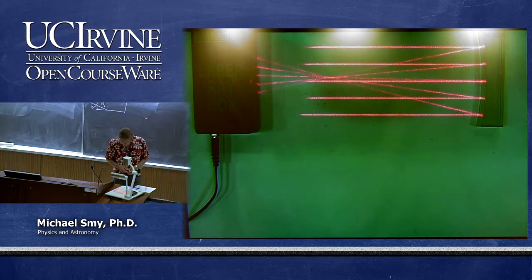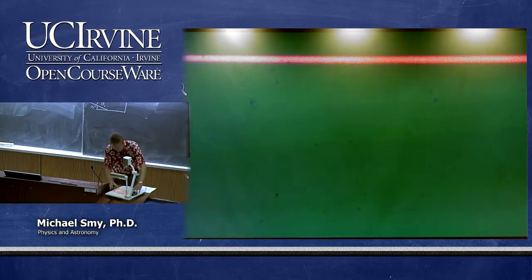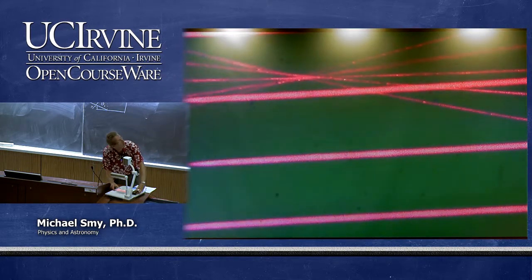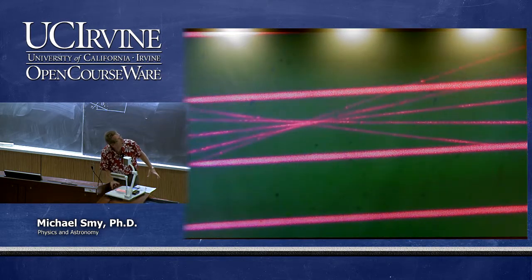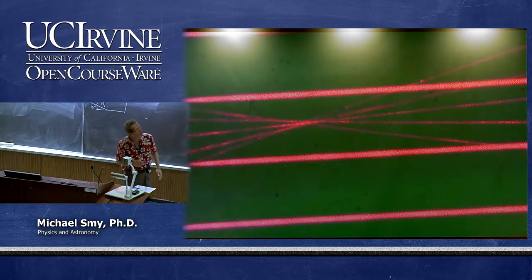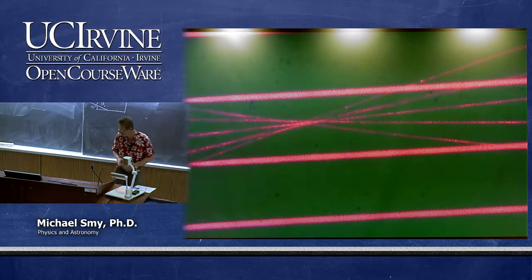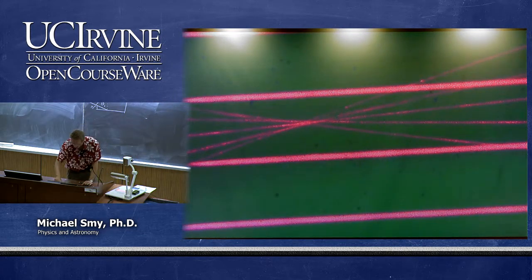If you look very, very carefully, maybe I can zoom in here. You actually see that this focusing isn't quite perfect. One of those rays doesn't quite go to the same point as the other ones. And that is called spherical aberration.